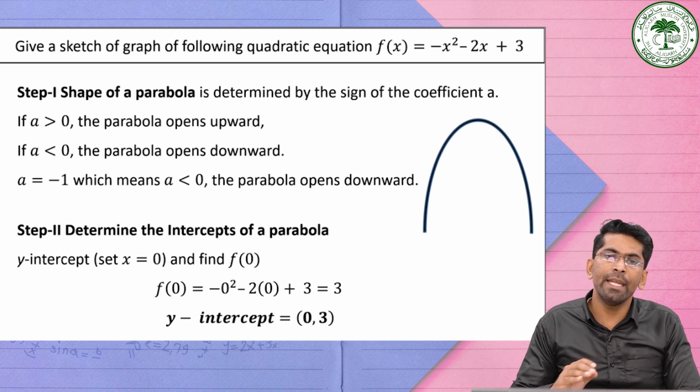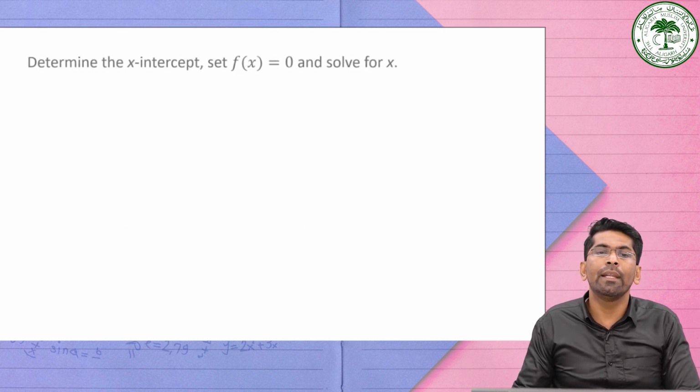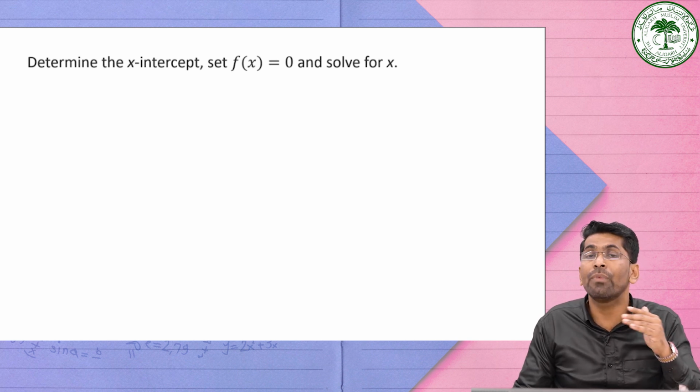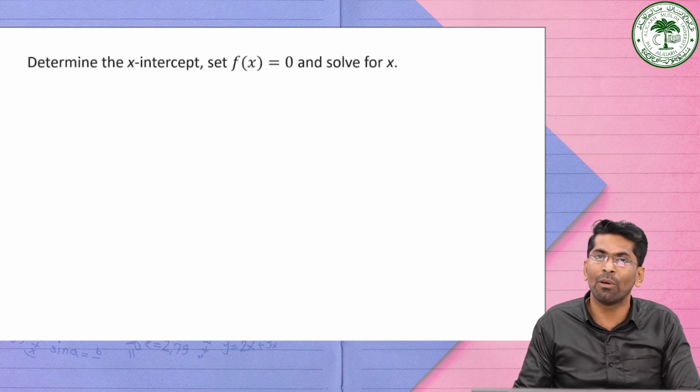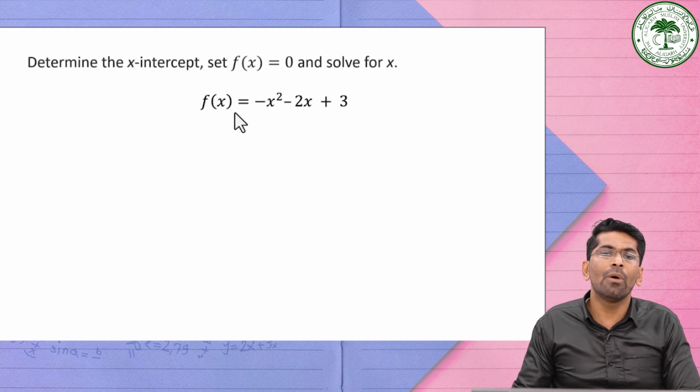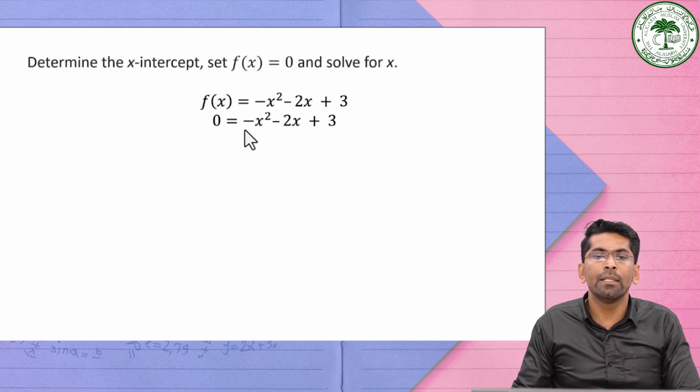After finding the y-intercept, we have to determine the x-intercepts, the points at which the graph intersects the x-axis. The x-intercepts are the solutions of the equation obtained by putting f of x equal to 0, or y equal to 0. In our example, f of x is equal to minus x square minus 2x plus 3. Now we equate this function to 0, so 0 is equal to minus x square minus 2x plus 3.